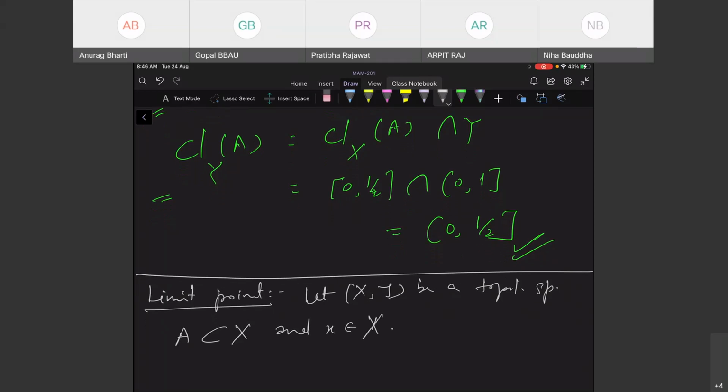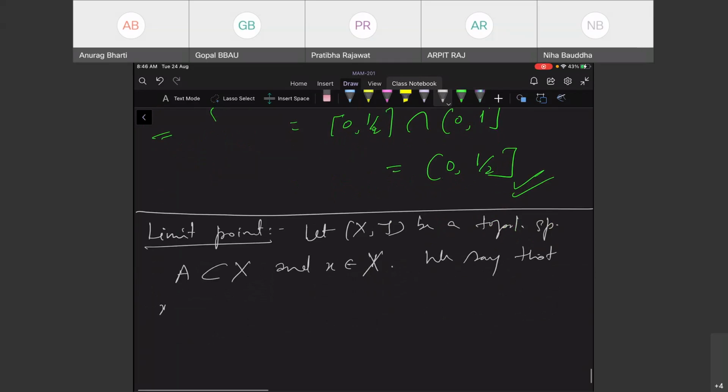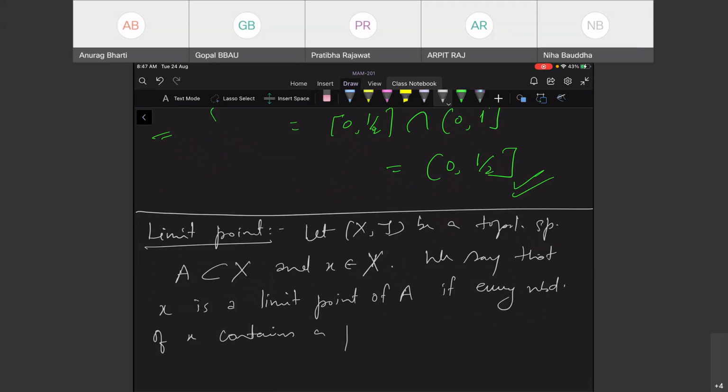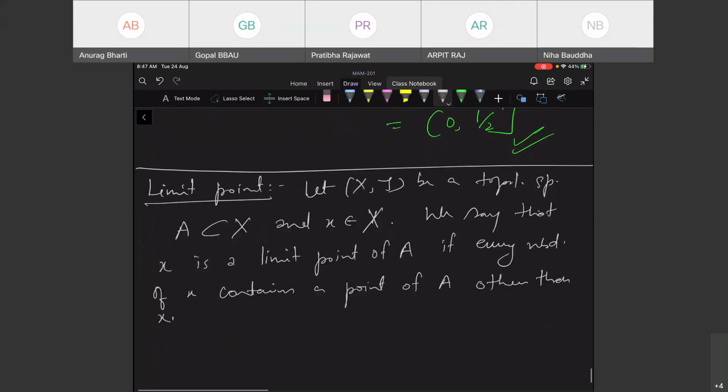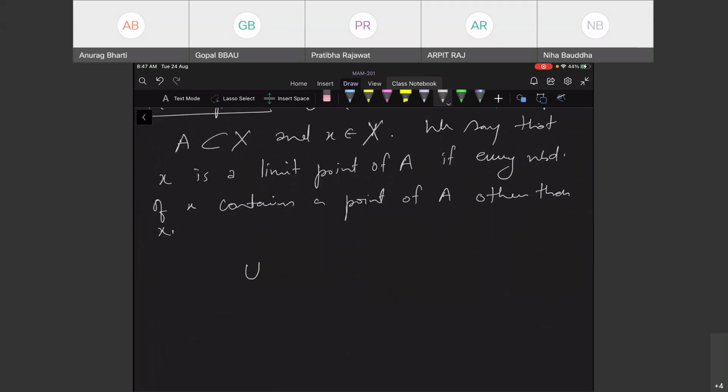We say that this x is a limit point of A if every neighborhood of x contains a point of A other than x.